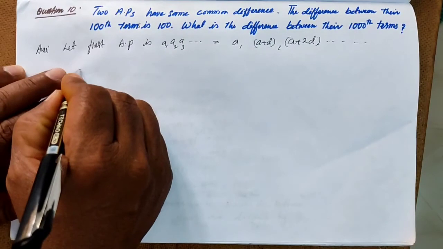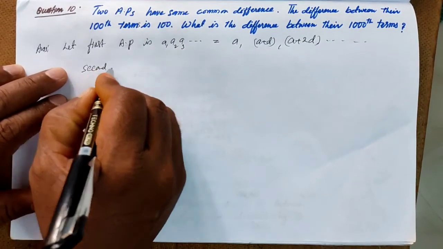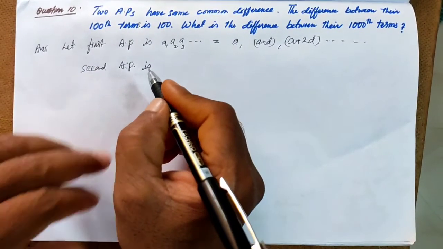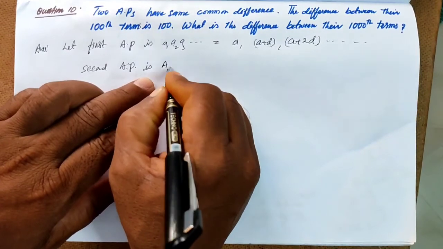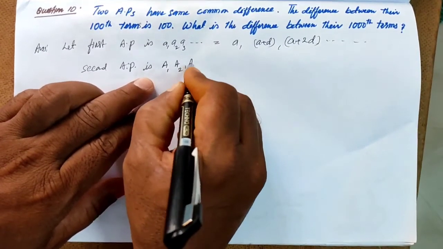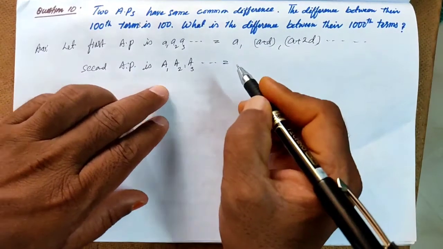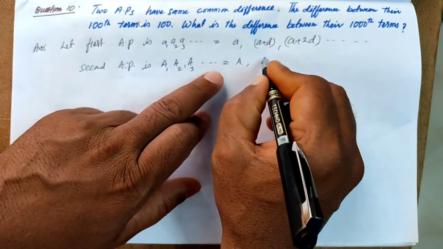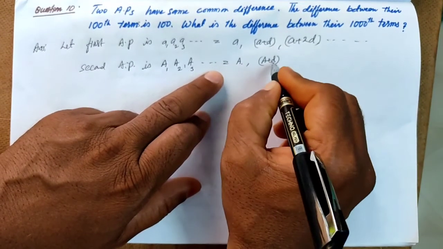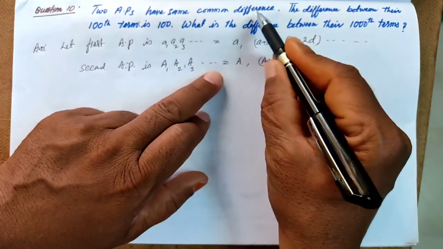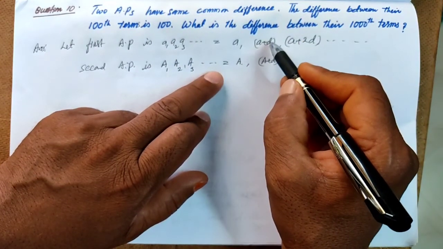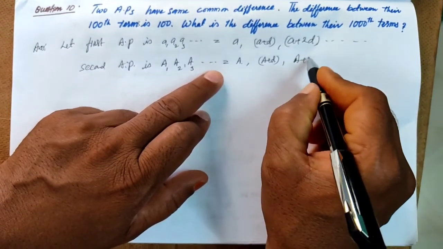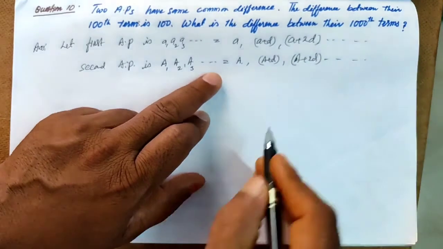And the second arithmetic progression, let us denote it by capital A1, A2, A3, like that. These are capital A, and the second one is capital A plus d. This is small d because they have the same common difference. And the third term is capital A plus 2d, and so on.